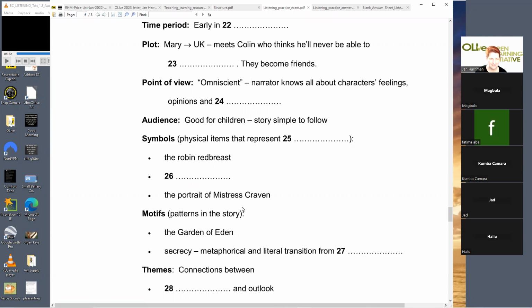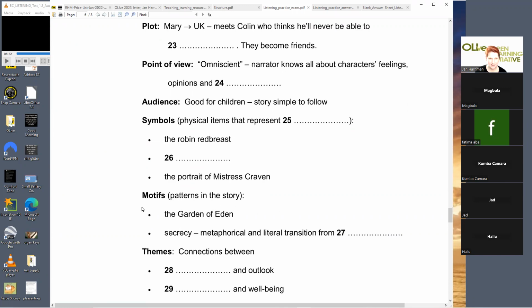Again, it's really hard. As soon as he was talking about symbols, and he did fortunately use these headings when he was talking, as soon as you heard the word symbols, you need to make sure you're listening here.